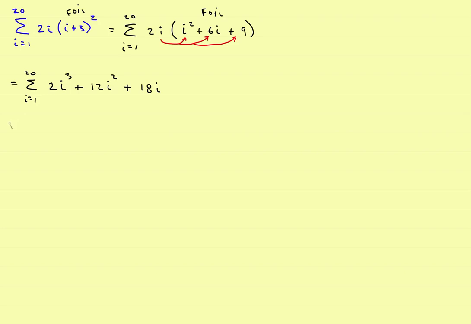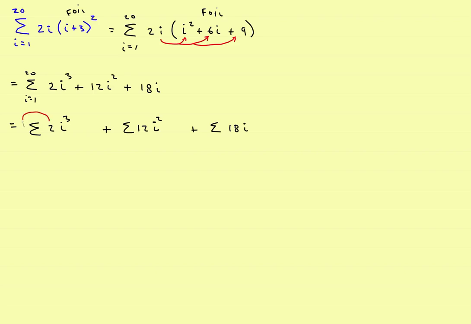Again, like we've done before, go ahead and split this up into 3 separate summations. So this will be the summation of 2 times I cubed plus the summation of 12 times I squared plus the summation of 18I. Then, if you get a chance to, go ahead and bring the constant out in front.